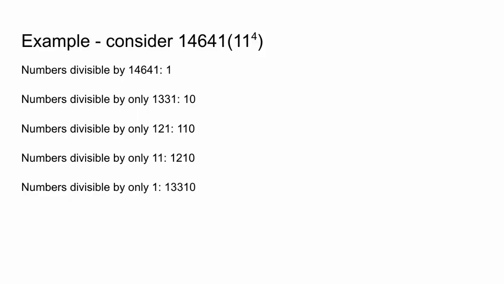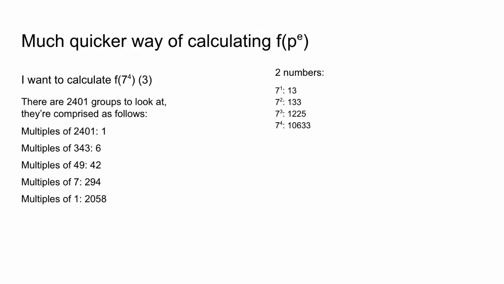F of 7 to the 4 given three numbers. Like before, there are 2,401 groups of numbers that represent all possible multiplications that we can do here. Of these groups, there's 5 types, and I've listed here how many times each of them occur. Now we're going to find how many multiples are contained in each kind of group.